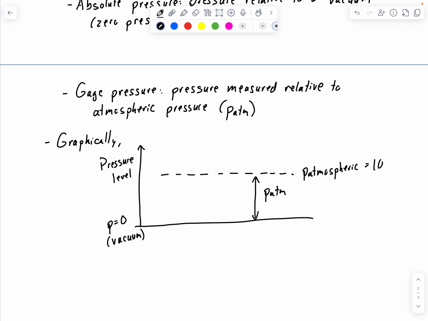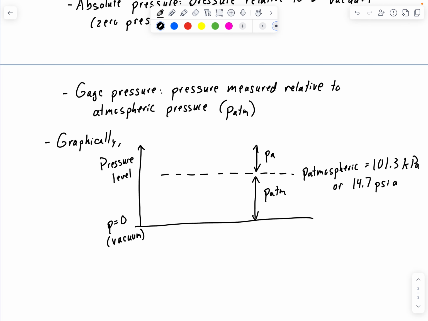That atmospheric pressure is equal to 101.3 kilopascals, or 14.7 psia, and we add the a to indicate that it is an absolute pressure. Relative to that atmospheric pressure, either on top of or below it, we can add a gauge pressure.